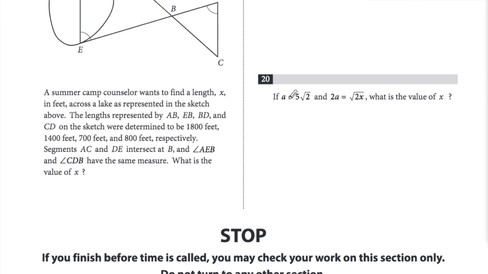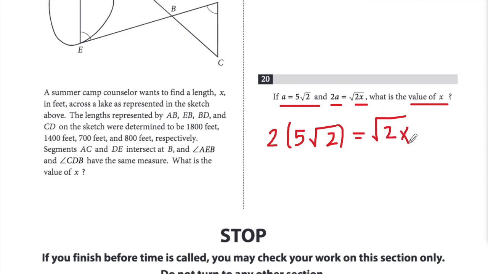If a equals 5 root 2 and 2a equals square root 2x, what is the value of x? So that's pretty easy. Plug it in. So we have 2a equals 2 times 5 root 2, and that equals square root 2x. Then we have 10, because I can multiply 2 times 5, which is 10, equals square root 2x.